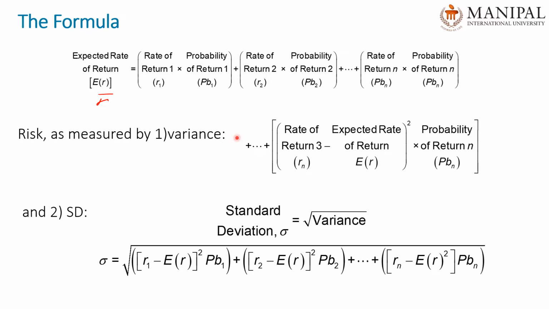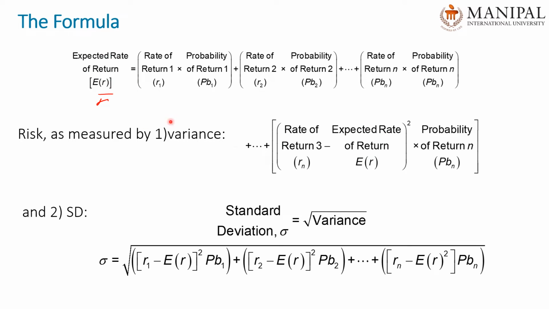Again, the operation will be addition between one probability and the second probability. If you're looking at this formula, this is the rate of return. If you're looking at this, it is 3. It can be 1, it can be 2, it can be 3, or it can be n. Rate of return here is referring to this one, and this one, and this one. So rate of return minus the expected rate of return, which is the one we have calculated.